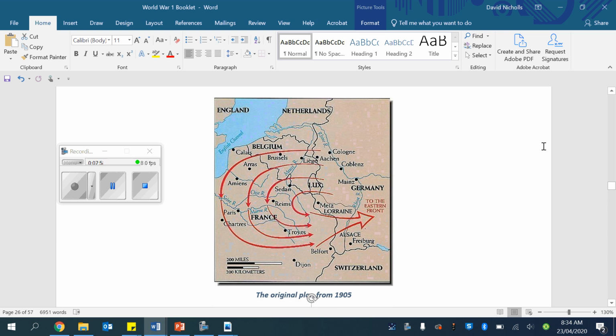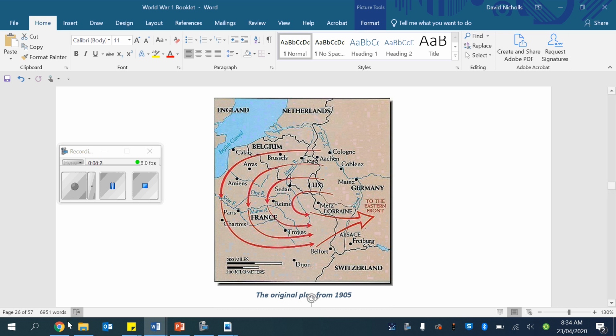That's just too many countries to take on at the same time. And so instead, he decides, let's delete that thrust through the Netherlands and just have it going through Belgium here. That leaves the Netherlands neutral, which means that we can trade with her when war does come. Okay, so that's the first change that he makes to the plan.